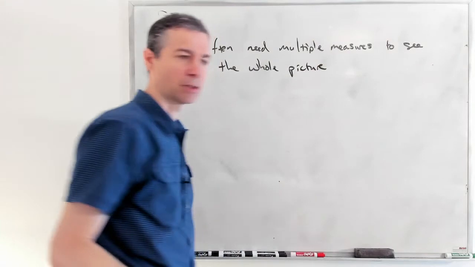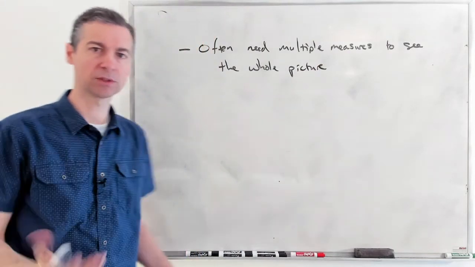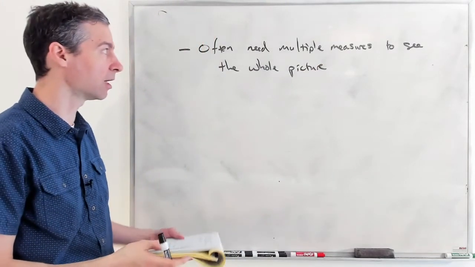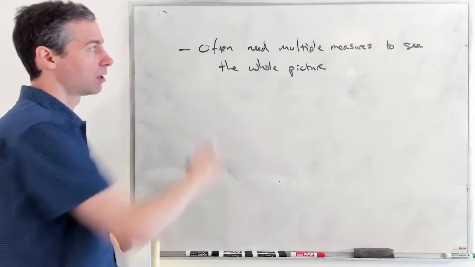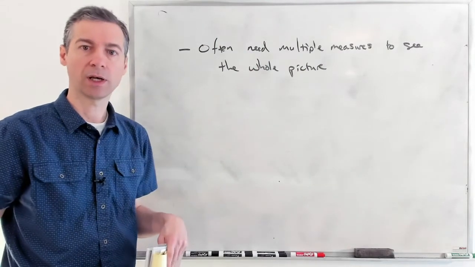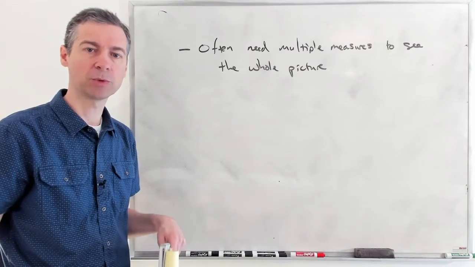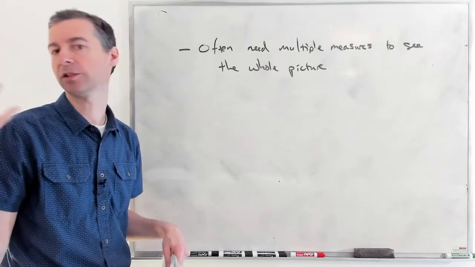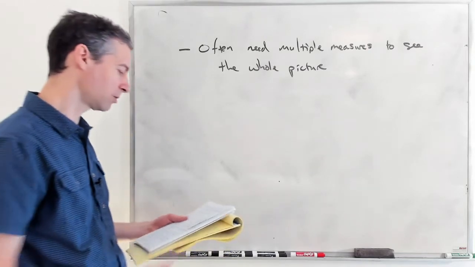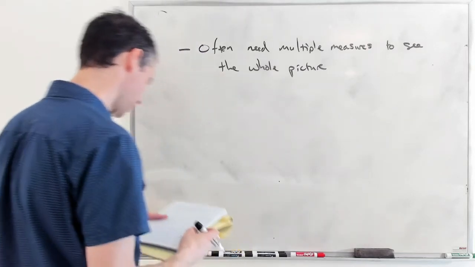One single number is rarely enough. You'll want to look at it from lots of different angles. When you work at a company, you'll have the problem where people will want to pick whichever measure their techniques are working well on, and they'll ignore the other measures. That's wrong. You need to pay attention to multiple measures.